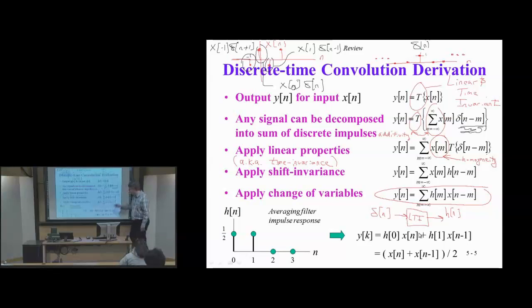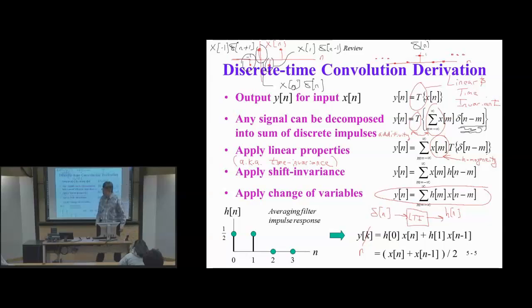When little m is 1, I have h of 1, x of n minus 1. h of 0 is a half, h of 1 is a half. I get the familiar input-output relationship between input x and output y. And I somehow did not change my variable, so this should be an n. Okay, is this pretty good? It's okay.